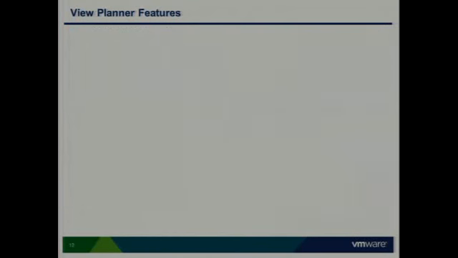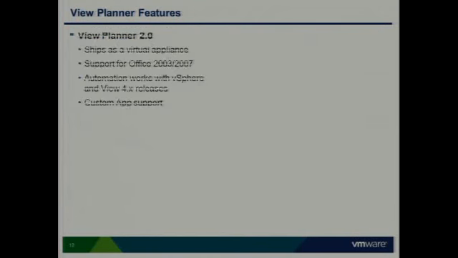Okay, View Planner, what are the features available in the current version? We ship as a virtual appliance and support 2003 and 2007 Office versions. One thing I want to talk about is the custom app. Last year at VMworld here, we got feedback from folks like you that it's great that you have all these applications you can run, but what about my app?